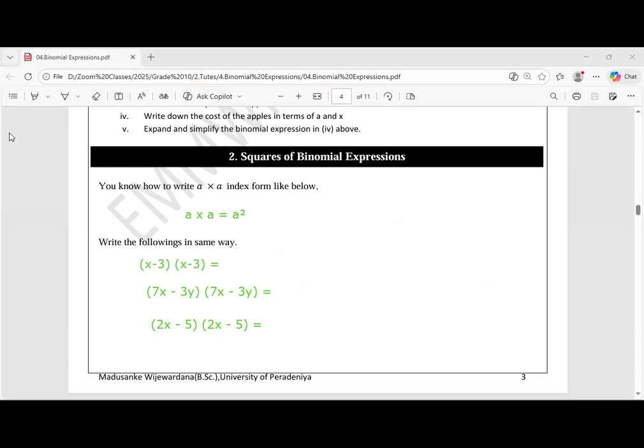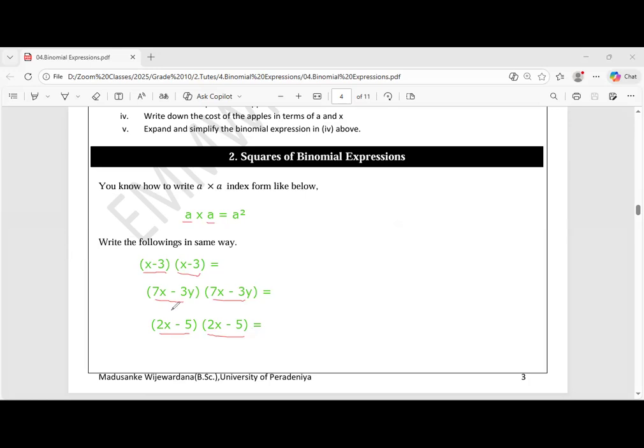If the algebraic terms or algebraic expressions are the same, similar or identical, like x minus 3, x minus 3, or 7x minus 3y, 7x minus 3y, or 2x minus 5, 2x minus 5, these are two identical algebraic expressions.